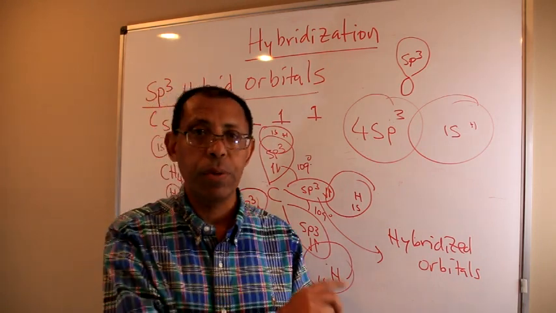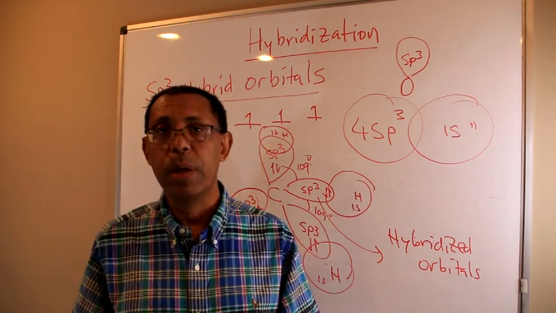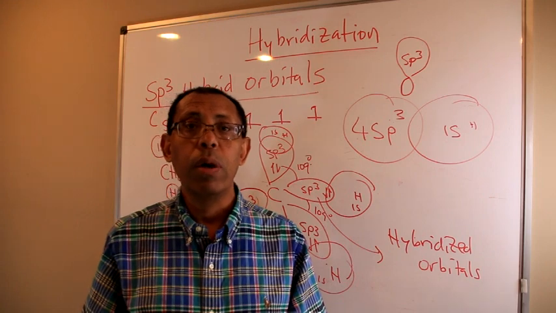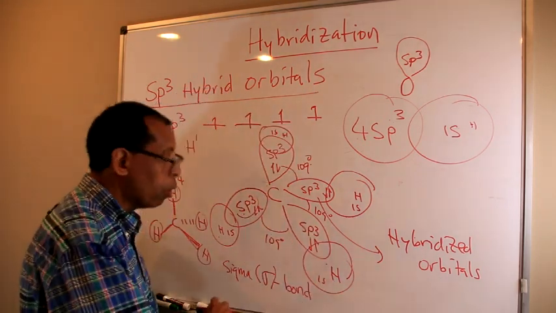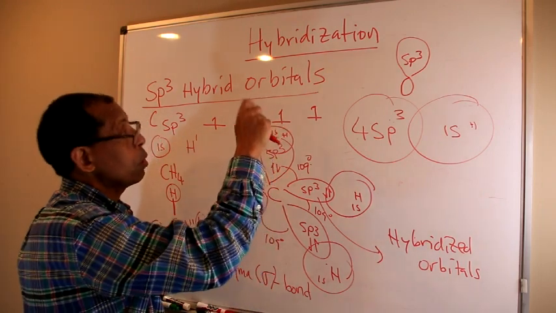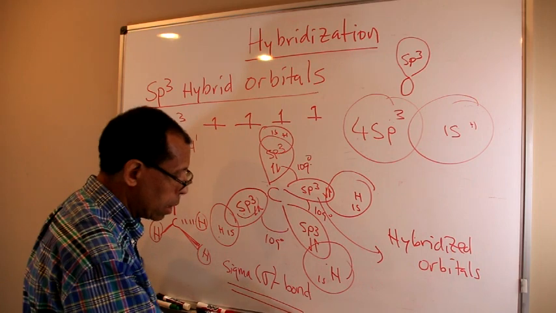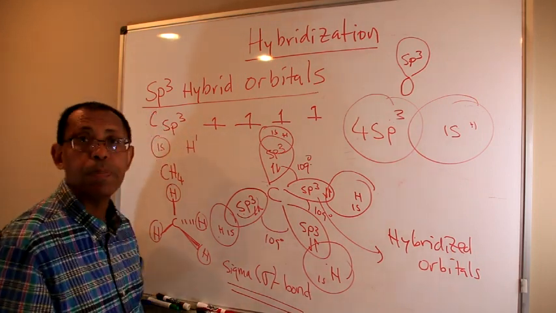If it is sp3 and it is overlapping with an s orbital, or for that matter any other orbital, it can only form a sigma bond. Together with hybridization, we are also learning what type of bonding it is. It is a sigma bond.